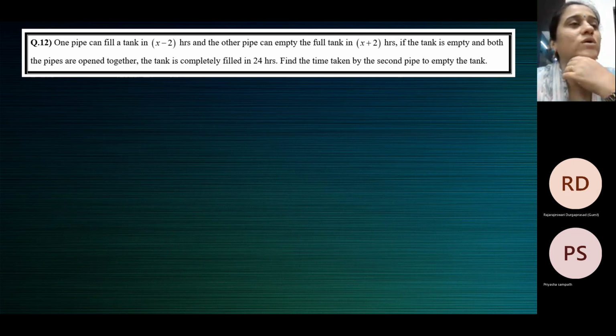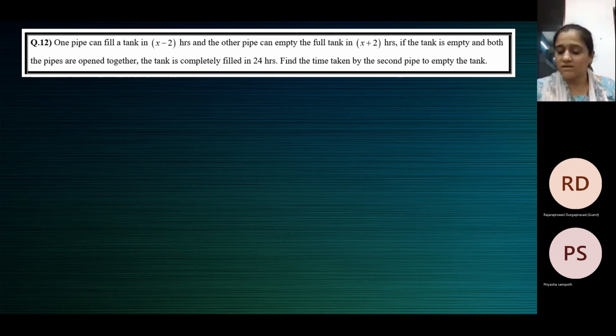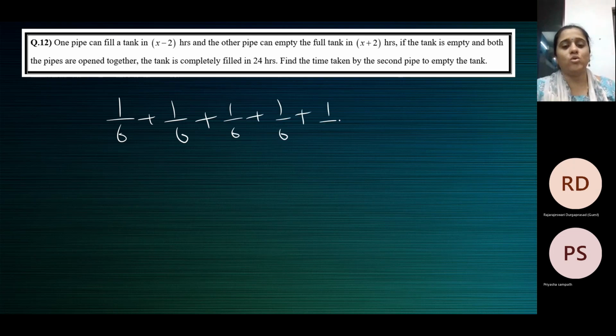You're dividing the entire work into 6 equal portions, 1/6, 1/6, 1/6, and you're going to complete 1/6 of the work every hour. 1/6 in the first hour, 1/6 in the second hour, in the third hour, fourth hour, fifth hour, and sixth hour. So like this, you finish the full work.